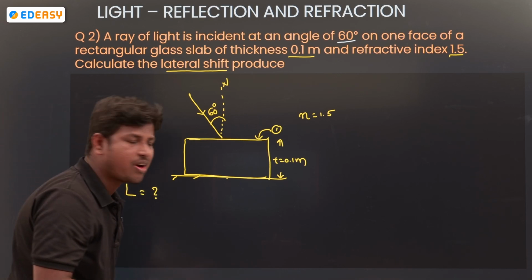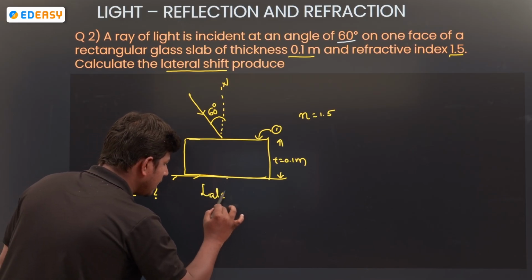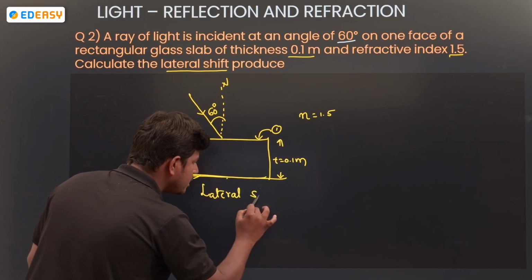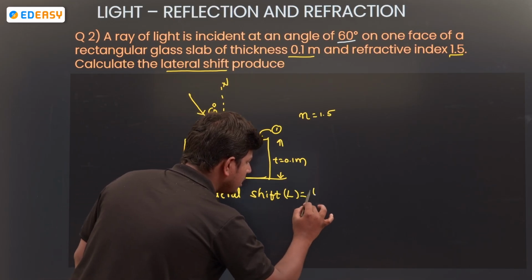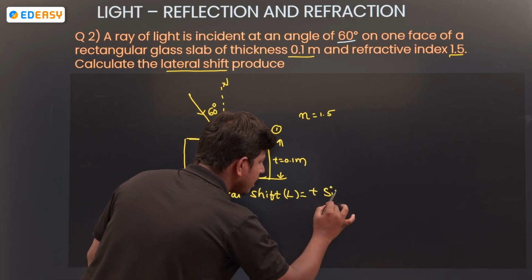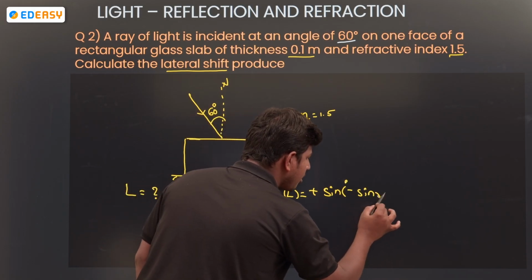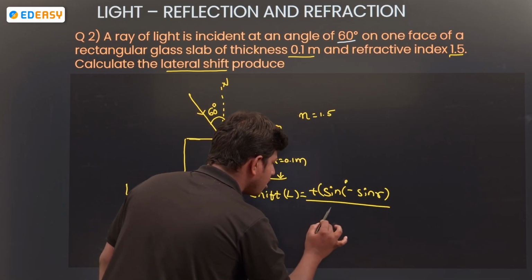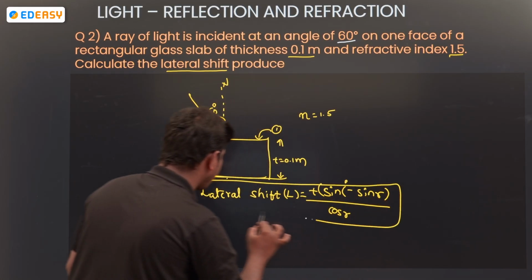We have a formula for lateral shift. Lateral shift L is equal to T into sin of (I minus R) by cos R. This is the formula for lateral shift. Remember the formula.